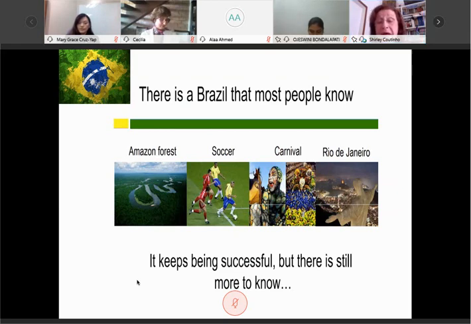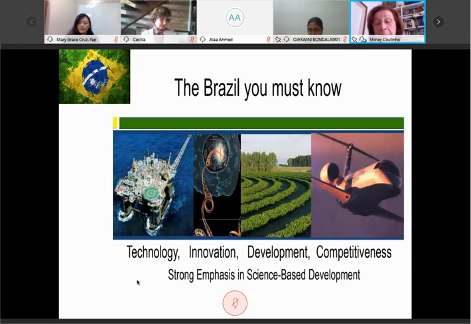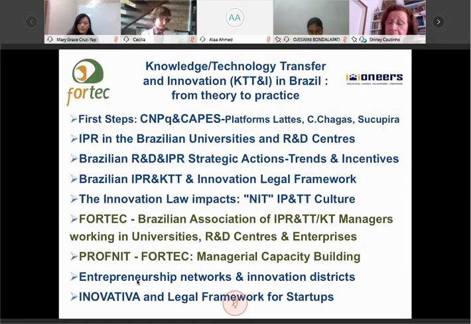Normally, Brazil is known for these features, but it's important to show that Brazil has technology, innovation, and developed competitiveness in various areas.